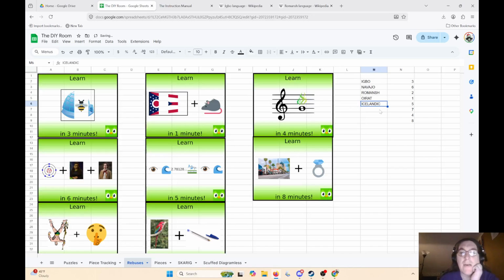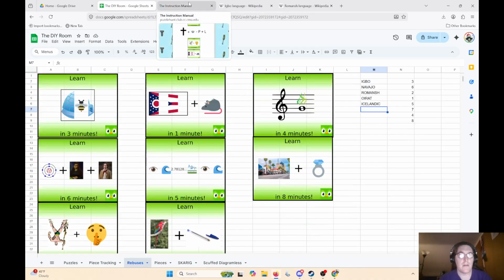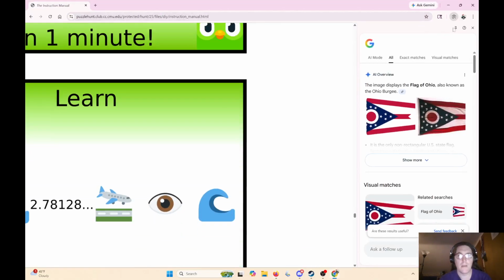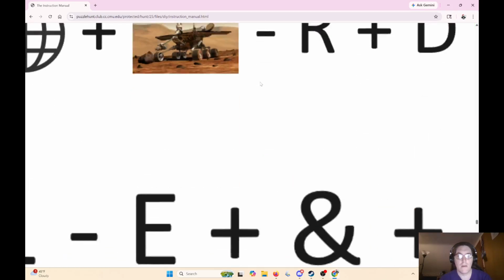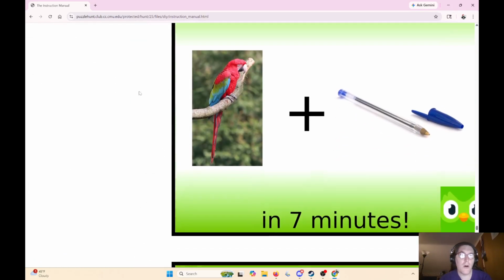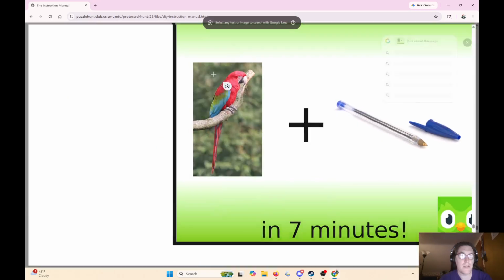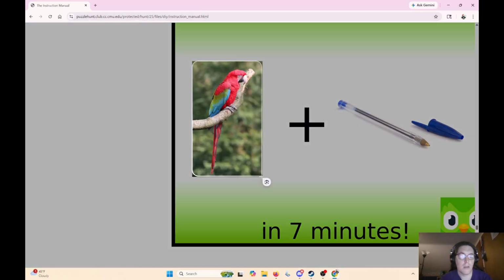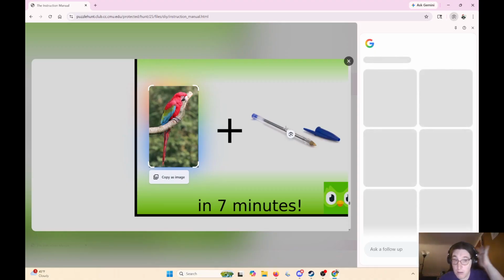All right, well, I mean, as you can see, there's a bunch of words that I haven't heard of before, but at least the rebuses are making it clear. All right, let's figure out what the macaw or parrot or whatever is. That is actually a macaw, and I just called it.